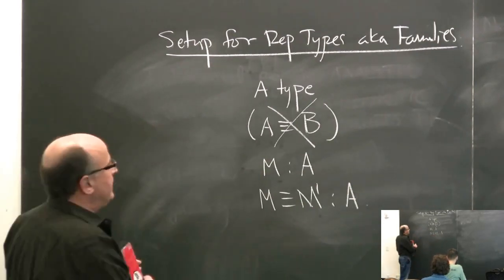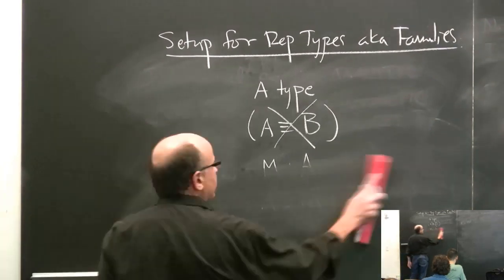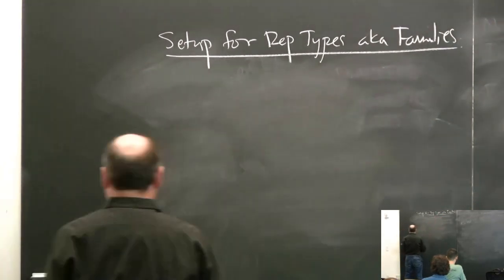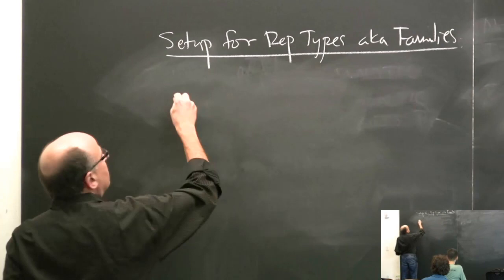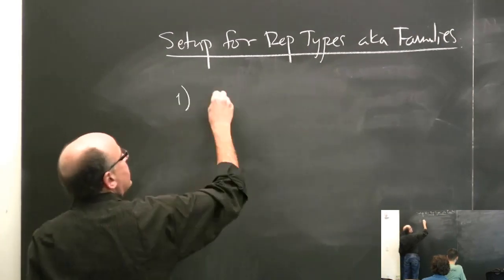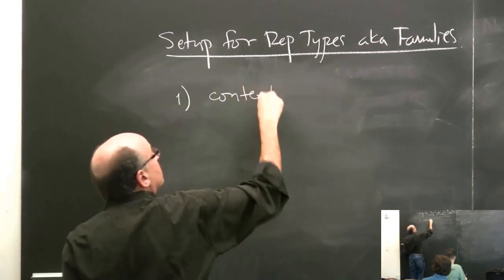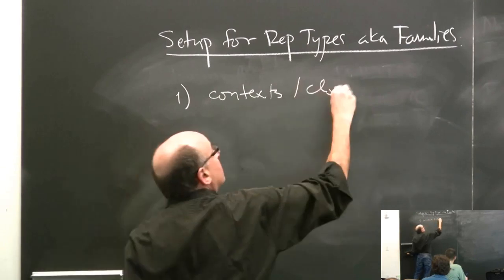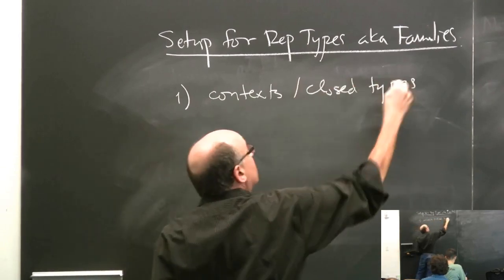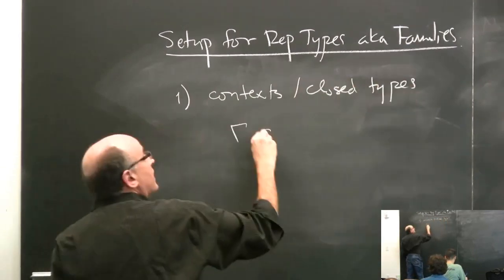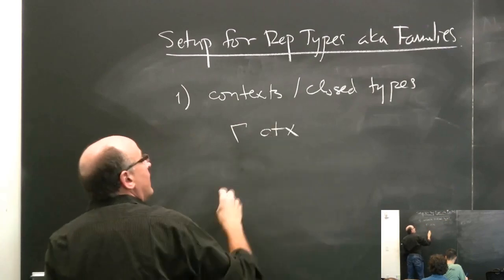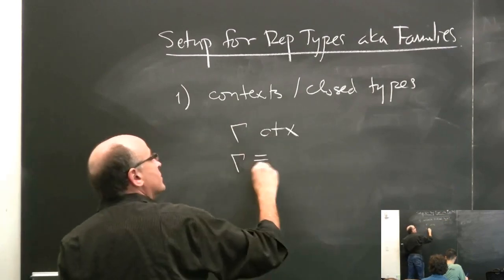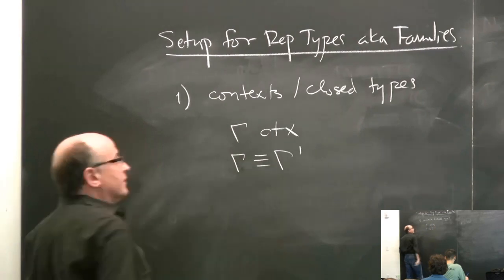So what happens in dependent type theory is we get this. We get, first of all, what are called the contexts or closed types. So we have judgments, gamma is a context, and gamma is definitionally equal to gamma prime.